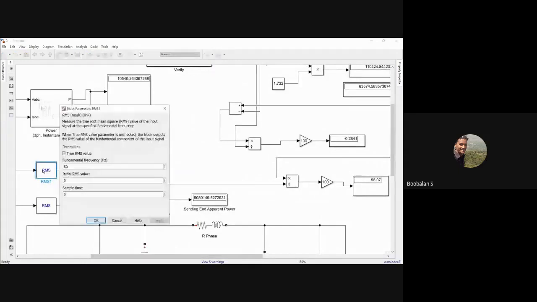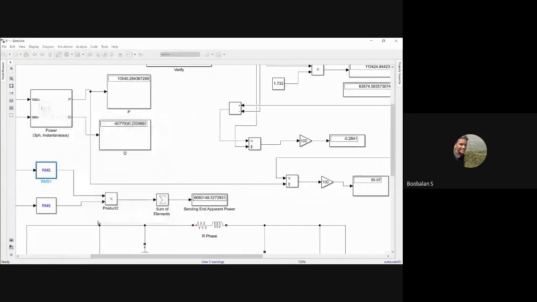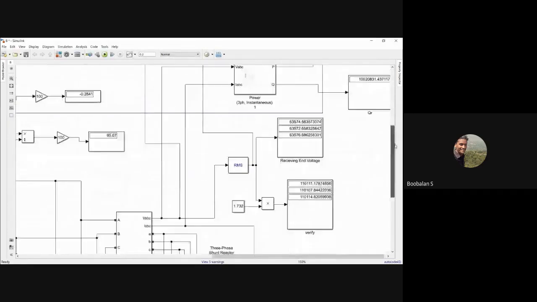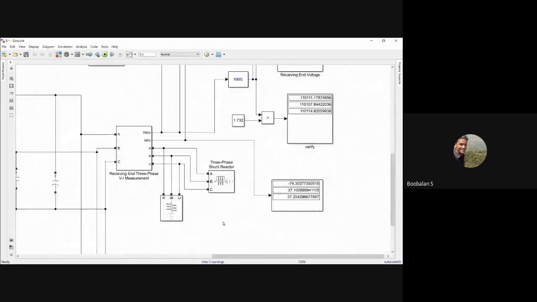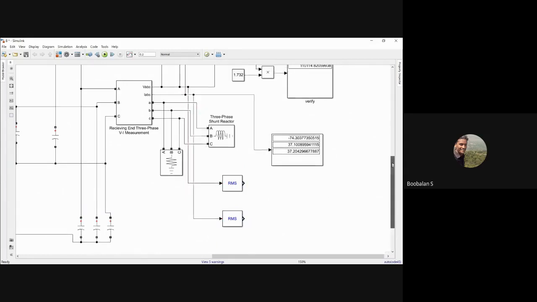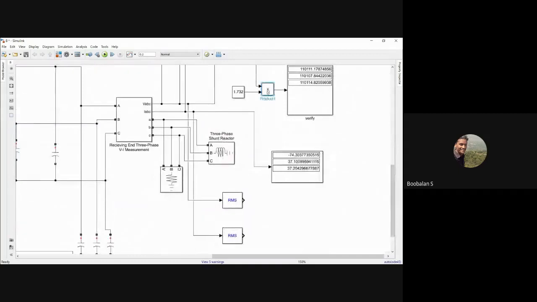Before that, you can check the 50 gets initial value, right? In my receiving end, I need to calculate. Just paste one more time. So V A I A B C, right? And we need to use a product so that I have the product over here. Just connect and display.